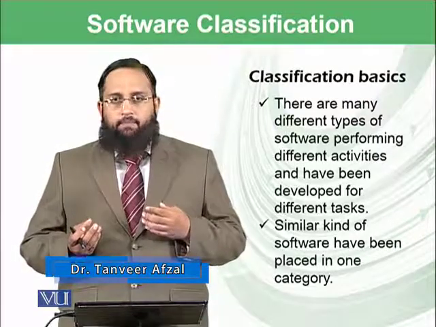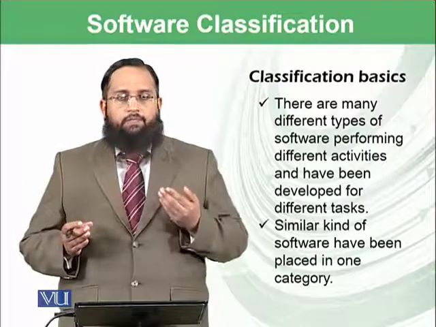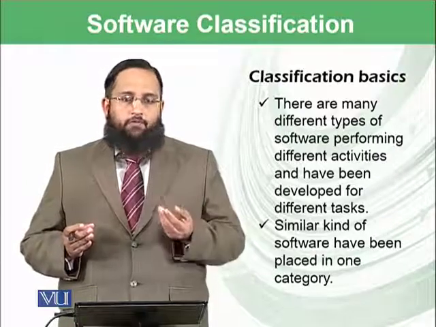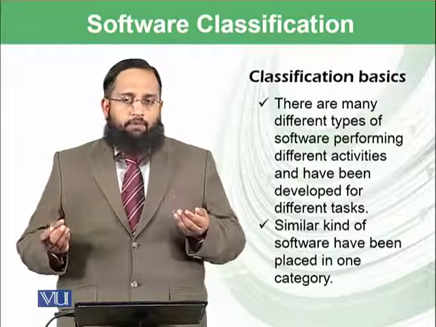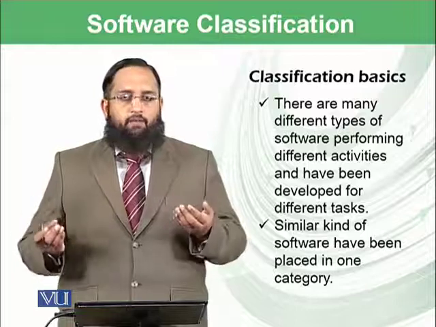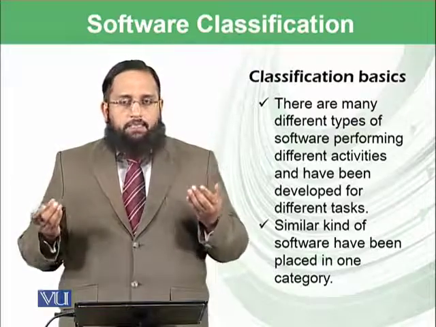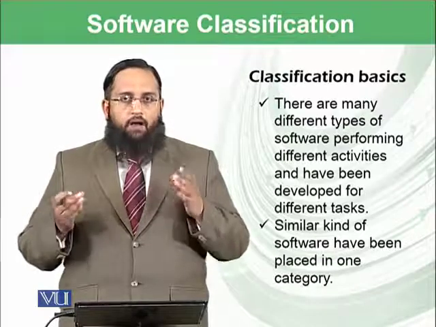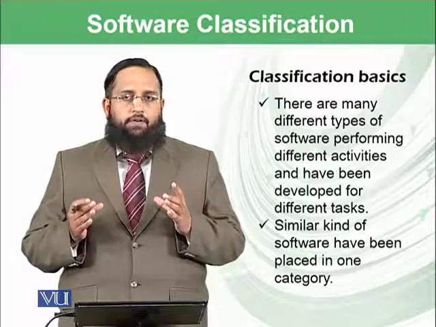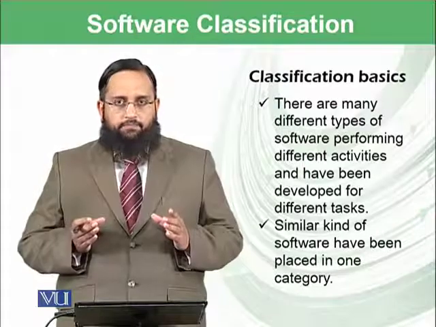For example, you have used an internet browser to browse the internet. This is one of the software. You have used Microsoft Word, a calculator, Microsoft Excel, and such kinds of software. All of these are examples of software which are doing some particular task.